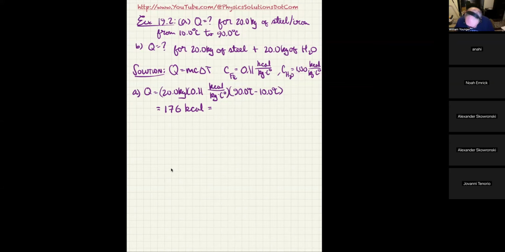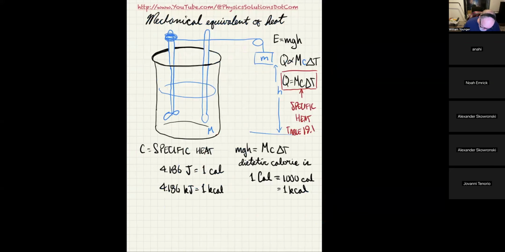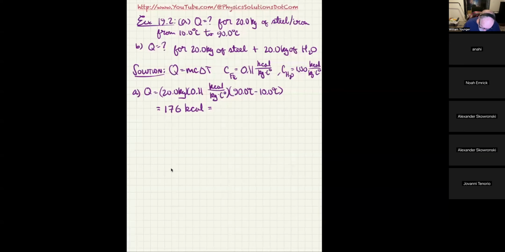So 176 times 4.186 is equal to, and I'm double checking, make sure I put that in the right order. Yes, 1 kilocalorie is 4.186 kilojoules. So I'm multiplying that by 4.186, and that gives me 737 kilojoules. So that's my answer for Q for the empty vat.